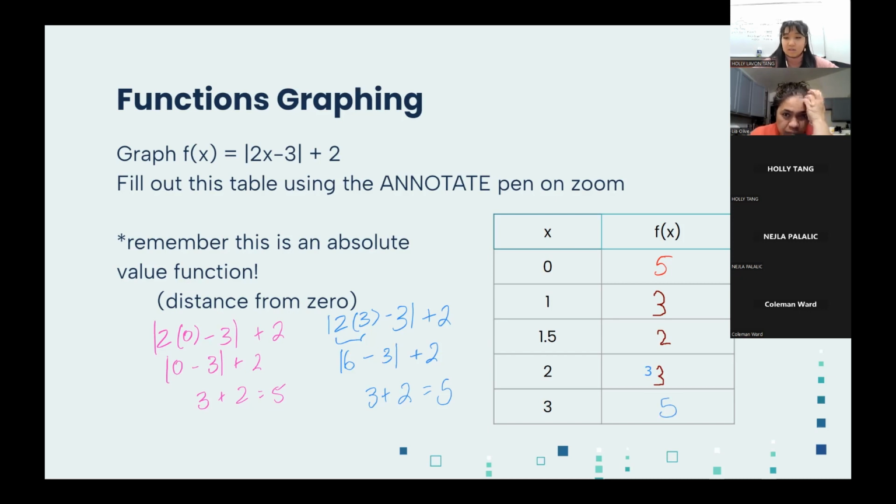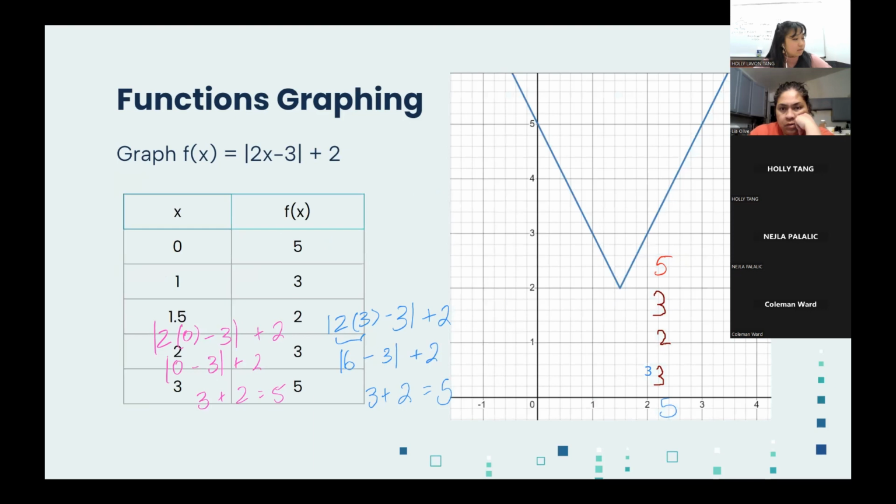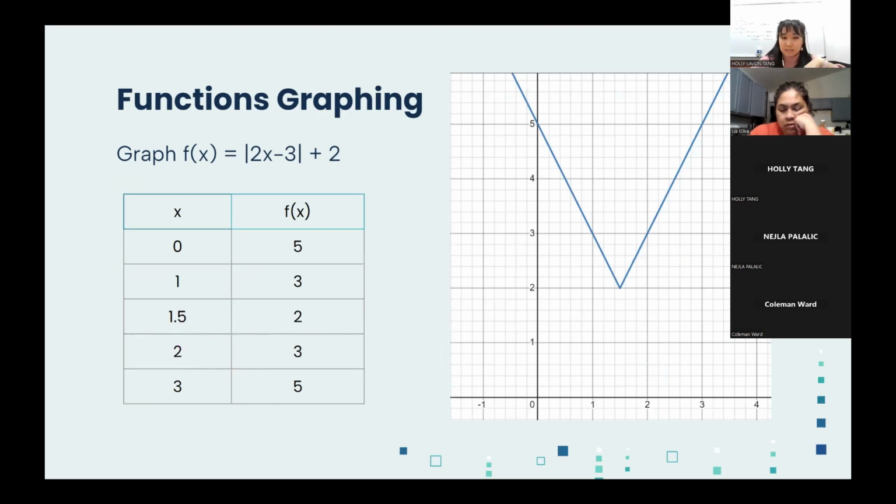All right, so let's go ahead and graph this. So we'll keep this table in mind. I went ahead and put it all nice and neat and then graphed it. So our first point, just in case this doesn't quite make sense: at 0, we have an f of x, or our function of x is our output.